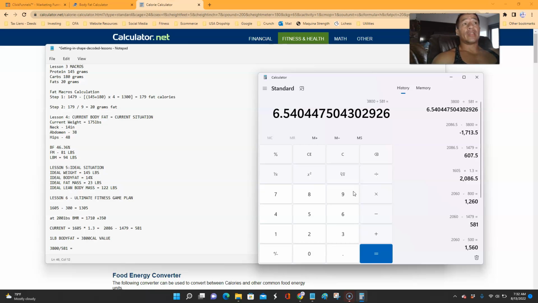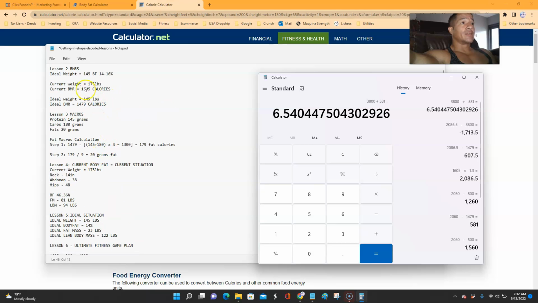So the day she doesn't exercise, she's going to have only a 1605 minus 1479 deficit, a small little deficit of about 100, I think it was like 136 calories. But when she exercises, she's going to have a bigger deficit.